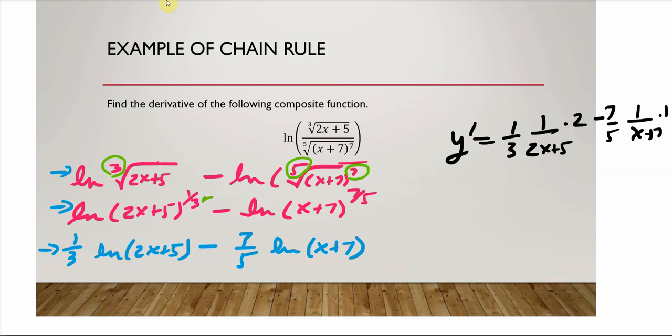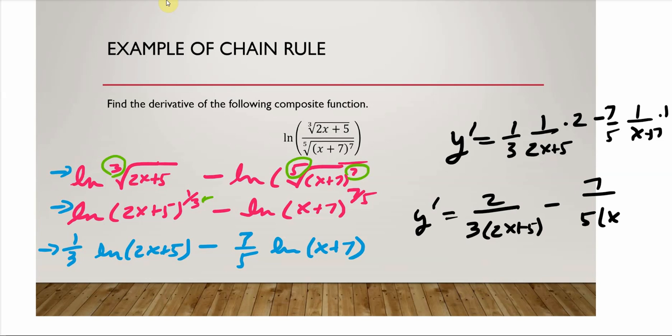The derivative of x plus 7 is just 1. So that means that y prime is going to be written as 2 over 3 times (2x plus 5) minus 7 over 5 times (x plus 7). And that's it. This is my answer.